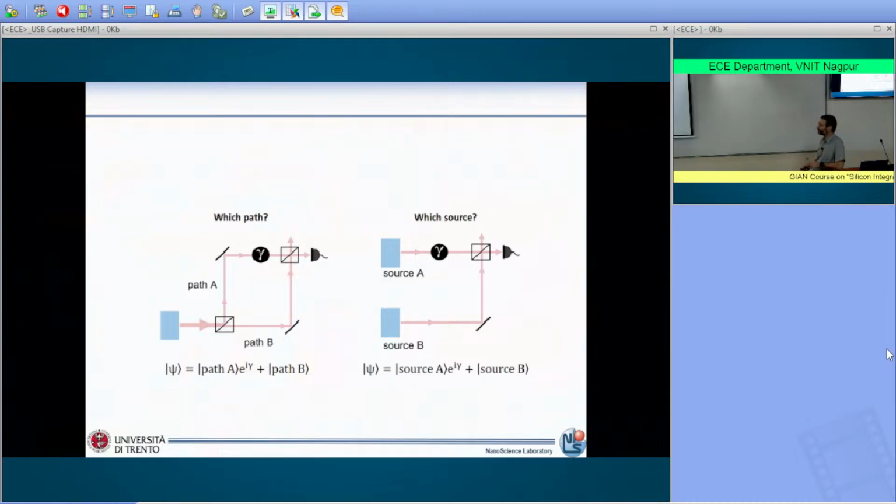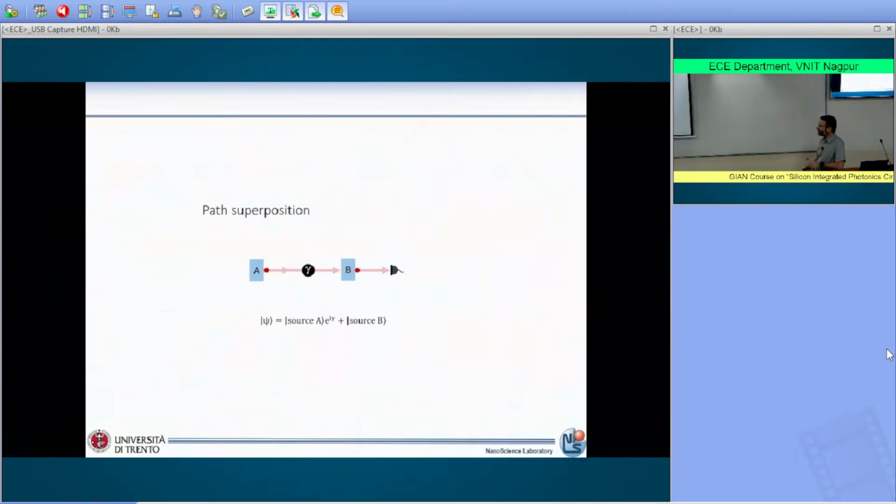Okay? Now what we do is that we take the two sources and we superpose. We make one source after the other. And therefore here in this experiment we have a first source here, a second source there. We don't know from which source the photon is generated. It can be generated by this source or can be generated by this other source. What we do is that we place a phase shifter in between the two sources.